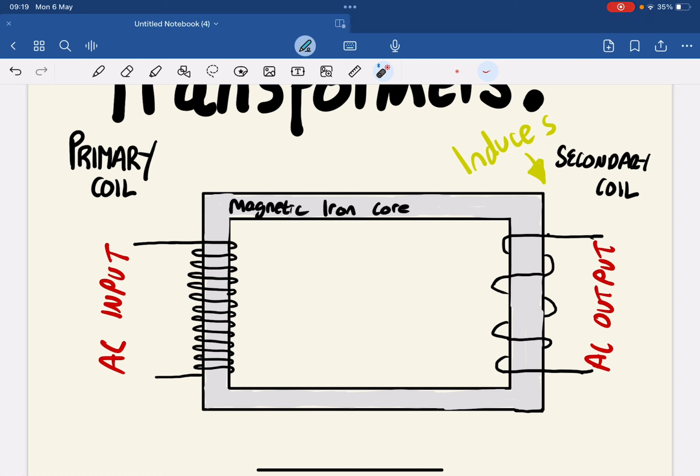So it's a way of either stepping up our voltage or stepping down our voltage. Now we'll step up our voltage when we go from the power station to the national grid.